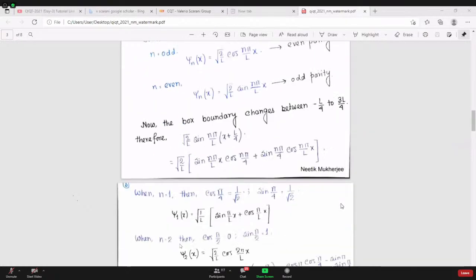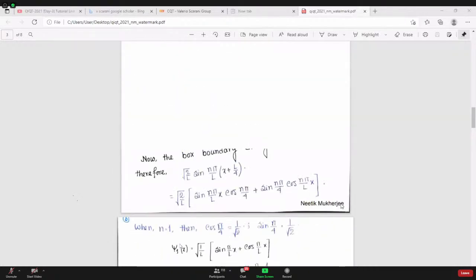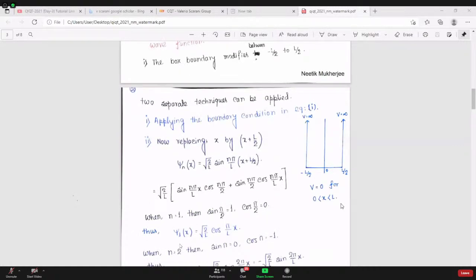My question is another thing: the particle inside the box, the same box with length L. I can change my coordinates according to my convenience. I can once set the length to be minus L by 2 to plus L by 2. Yes. But instead of your coordinate, there is also a boundary condition there, which is also changing. I think it is due to the potential actually.